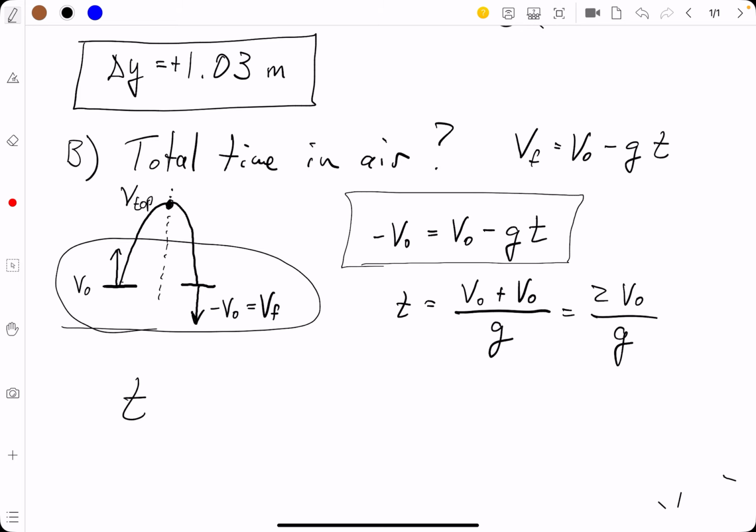And now our time is nothing but 2 times V naught over G. And our V naught was 4.5 meters per second. We've got G at 9.8 meters per second squared. And this is, oh wait, gotta have a 2 in there. We're gonna multiply that by 2. And let's figure out what our time is.